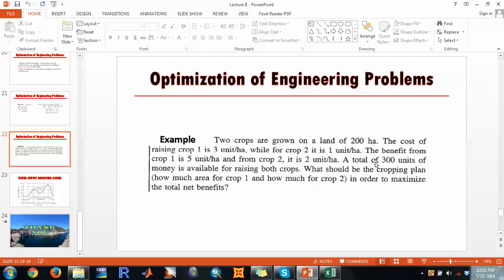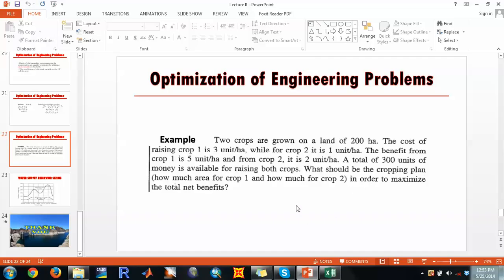The total amount of money available is only 300 units for raising both crops, and the question is what should be the cropping plan. So how much area will go to crop 1 and how much area will go to crop 2 so that we can obtain the maximum benefit.